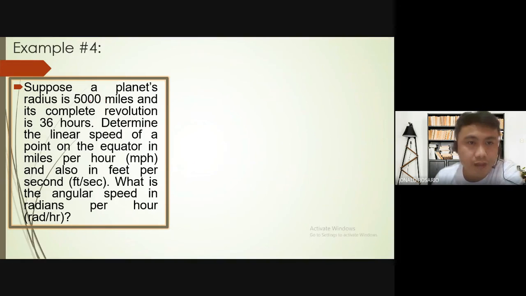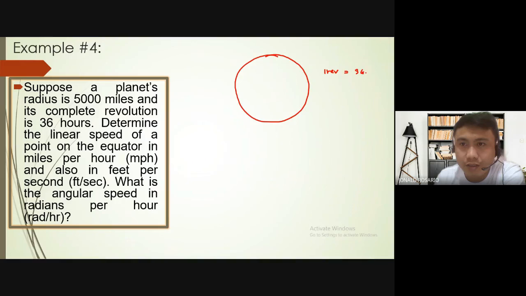Okay, so just for example, we have here yung tinatawag na orbit, and we have here a certain planet. So in one revolution, that's 36 hours.